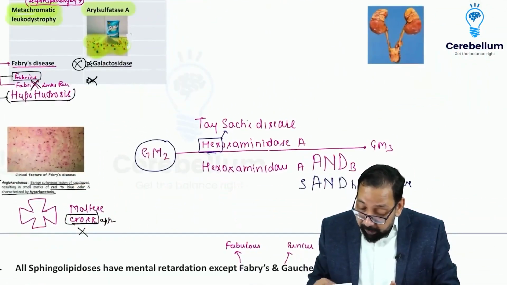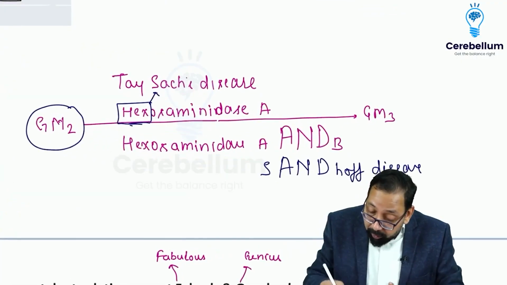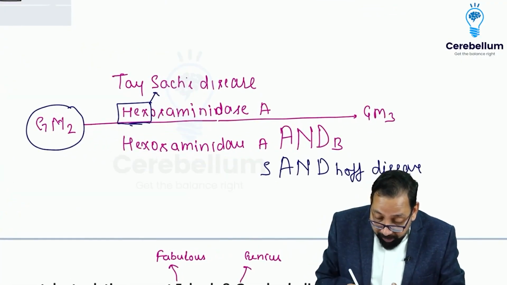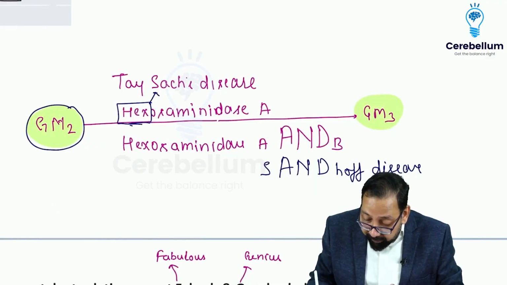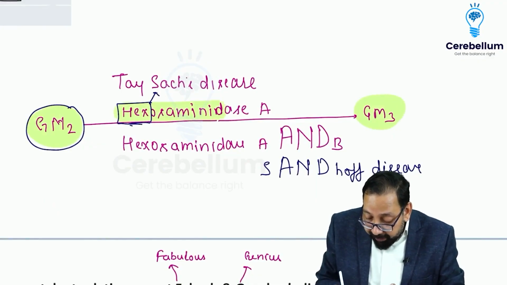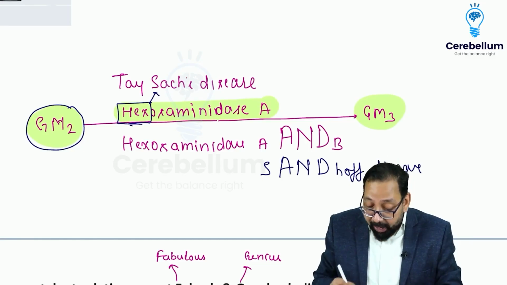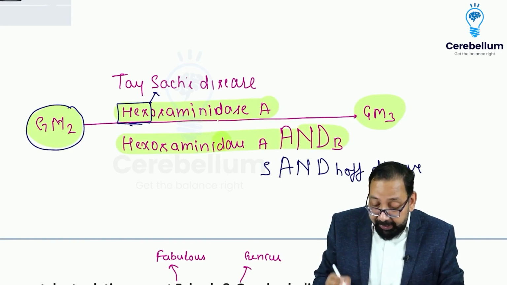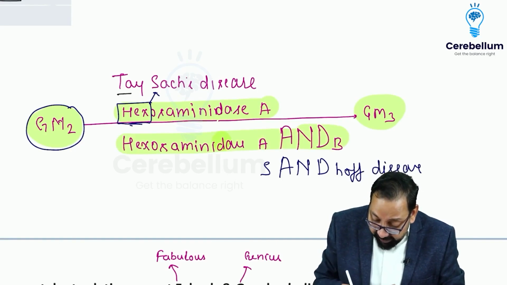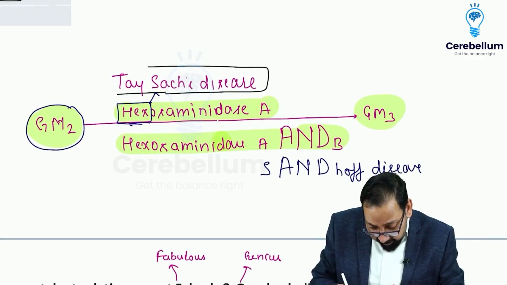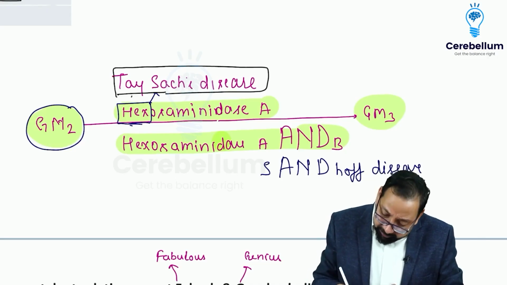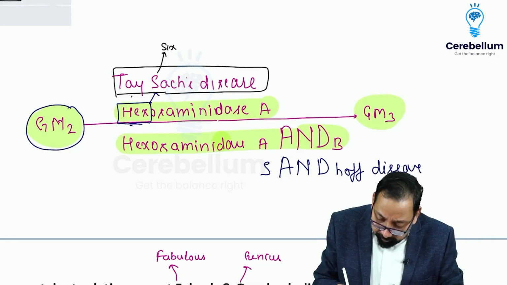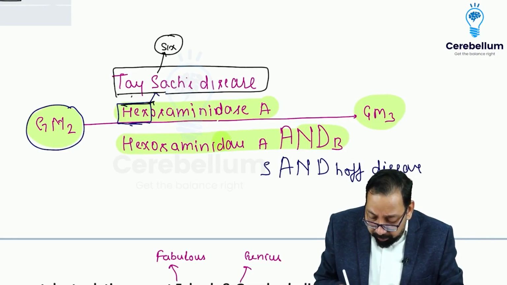Now we discuss GM2 ganglioside. GM2 ganglioside is converted to GM3 by hexosaminidase A, and hexosaminidase A and B. If hexosaminidase A is deficient, this is Tay-Sachs disease. I have already discussed it. Mnemonic for this is Sachs 6, and hexose means 6.